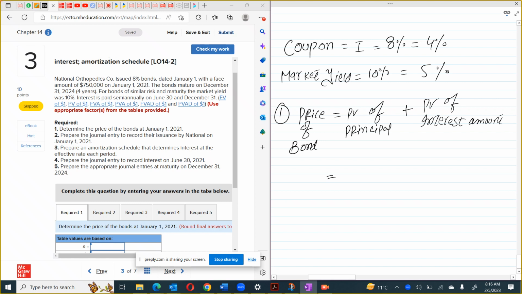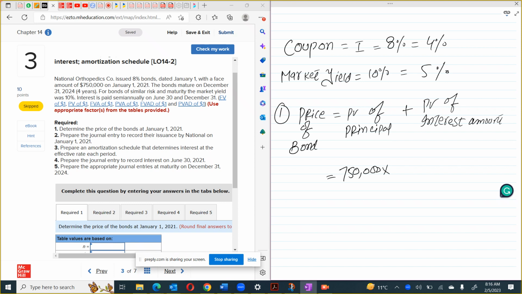How will we calculate the present value of 750,000? I can calculate it directly. You can go to the table of standard present value, simple, then multiply. So it is 1 divided by 1.04, to the power of 8. Why? Because the maturity is 4 years, so eventually it will be 8.